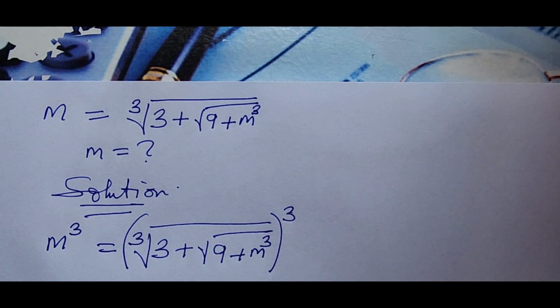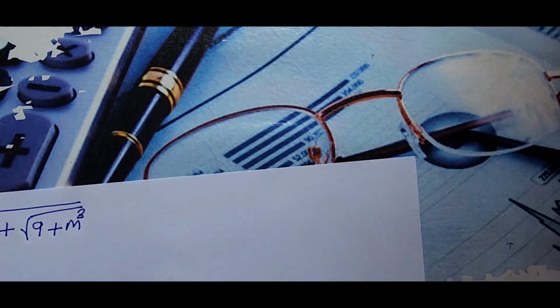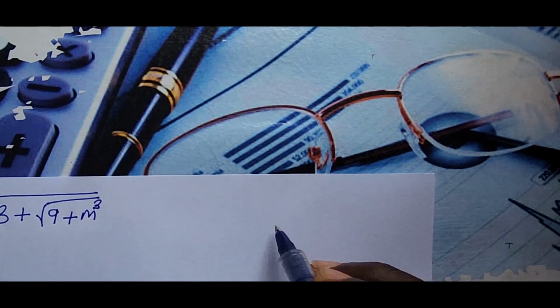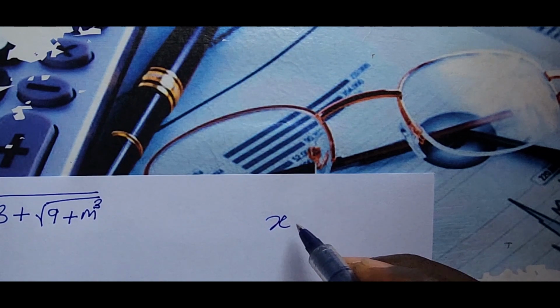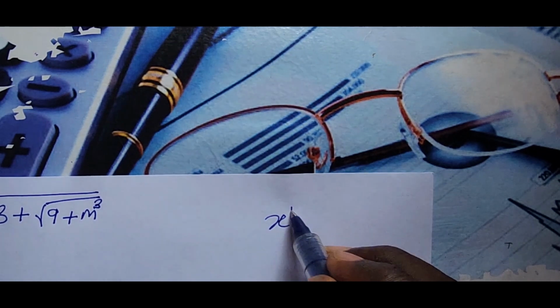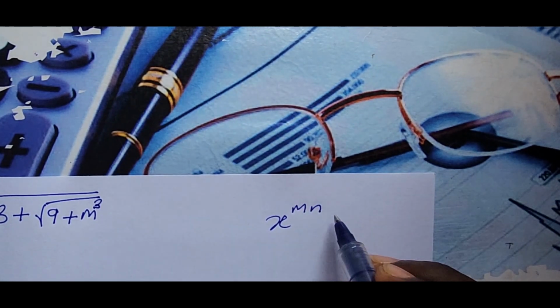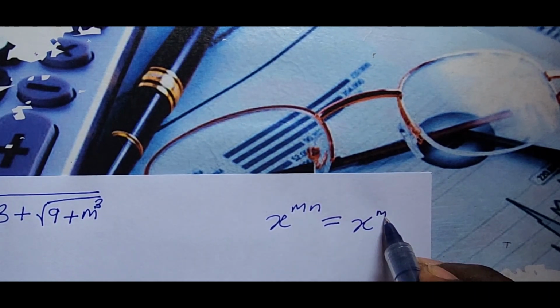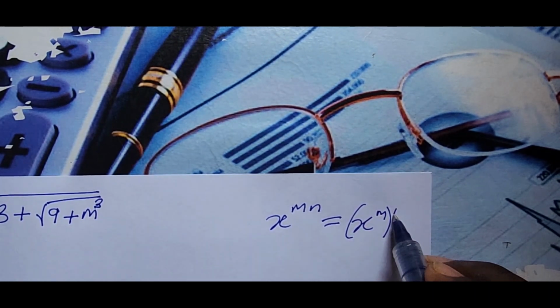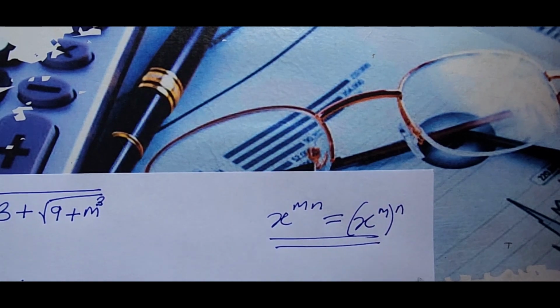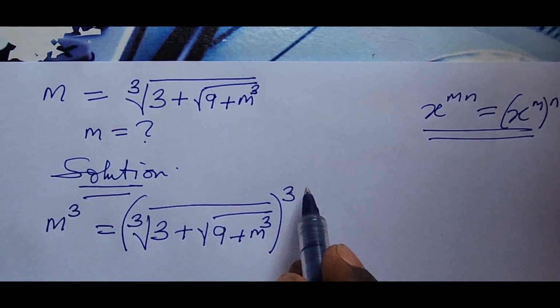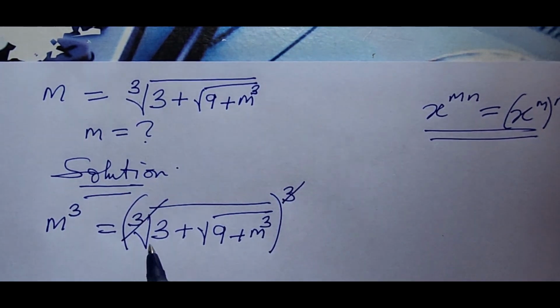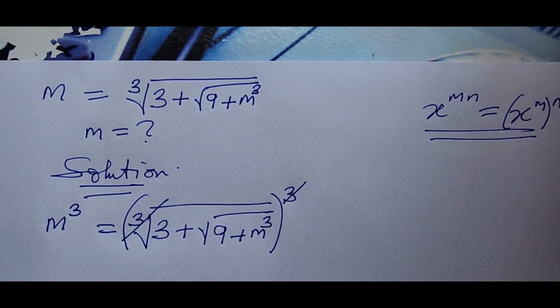So we want to apply a simple law in indices, which says if you have x to the power of m, then to the power of n, this can be expressed as x to the power of m times n. So with this, we can use it to multiply this. We cancel out, right?